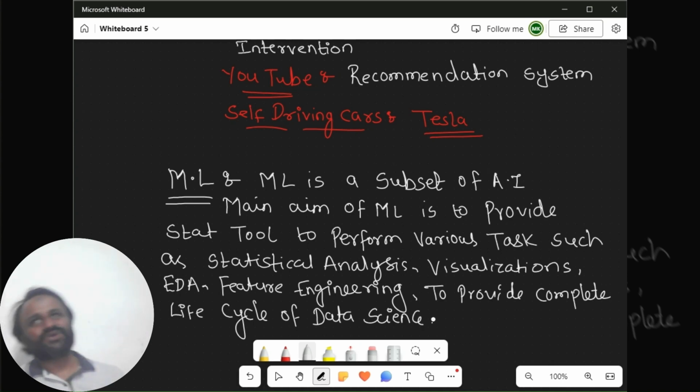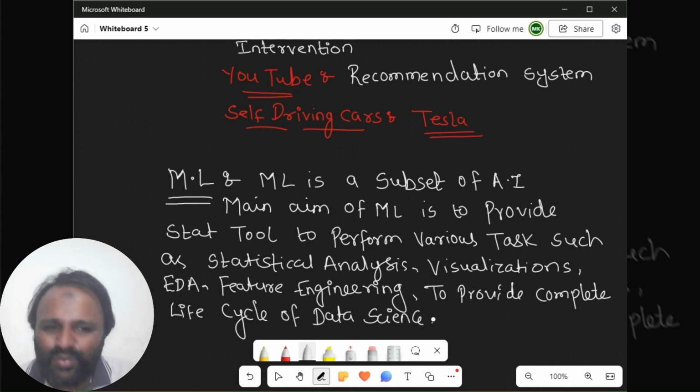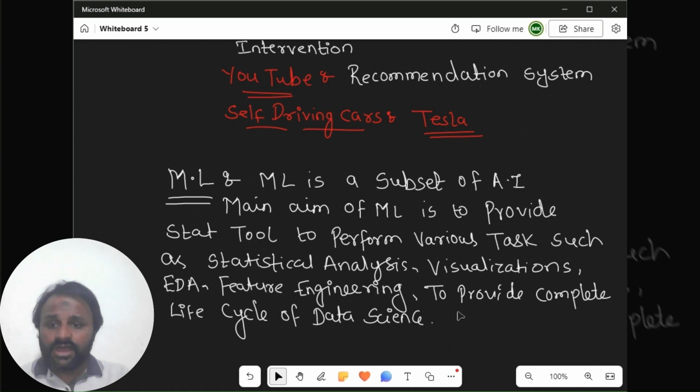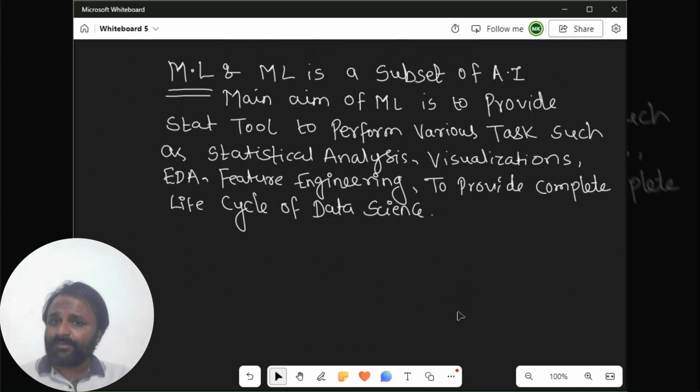The question also arises: why is ML required? That is one of the major concerns. The main aim of ML is to provide stat tools to perform various tasks like visualization, feature engineering, feature extraction, EDA, ETL, statistical analysis, descriptive statistics, and inferential statistics.